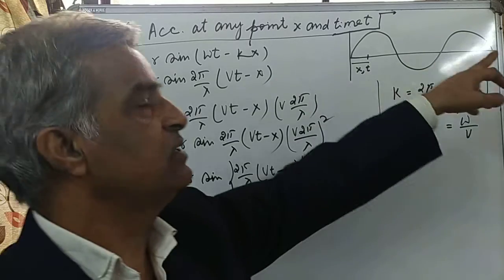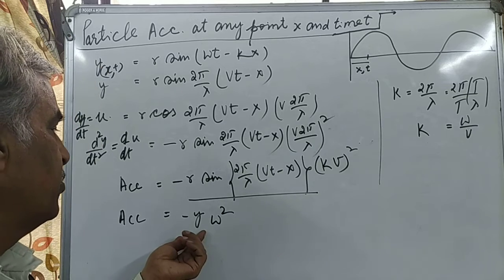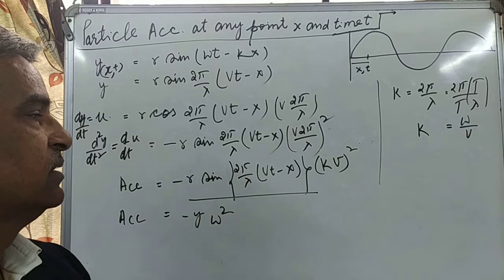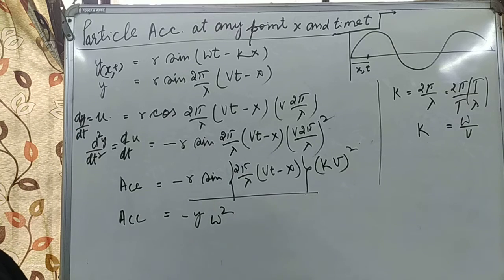This is also the wave equation, so in place of y you write y, and omega is kv.